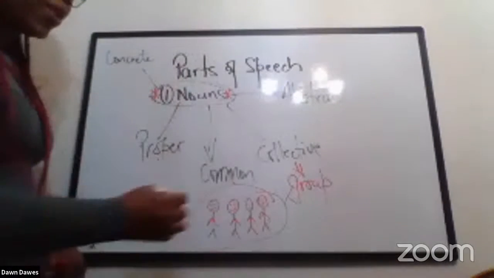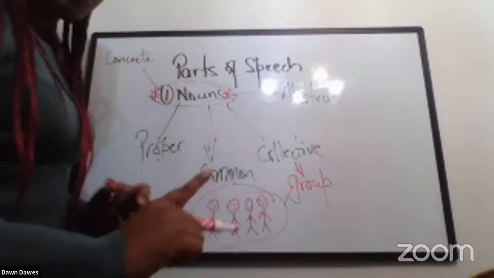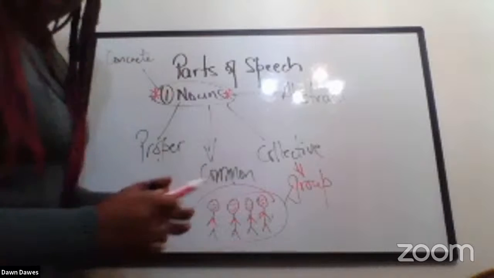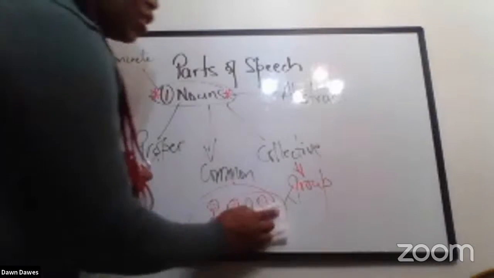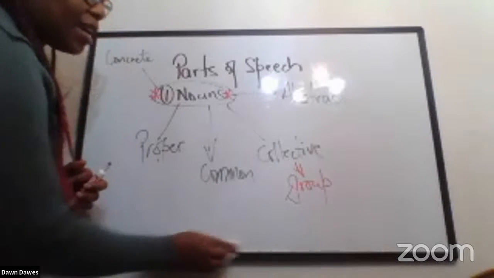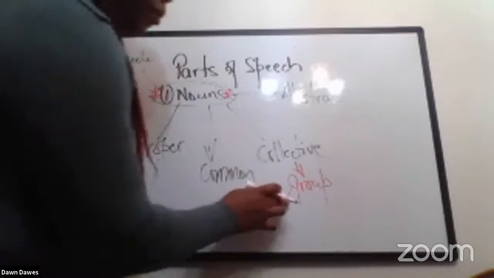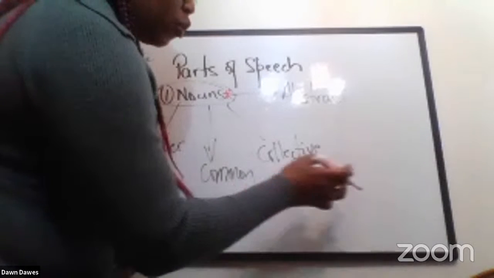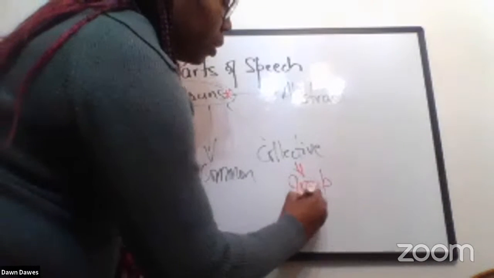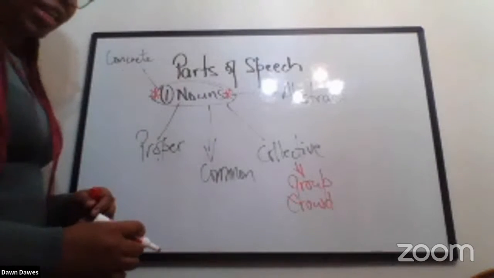So right there, we have a group of persons demonstrating. So right there, we have quickly identified one collective noun already. Okay, so let's think about some more. Think about another way we can group people. So a group is a collection of people. A crowd is also collective.